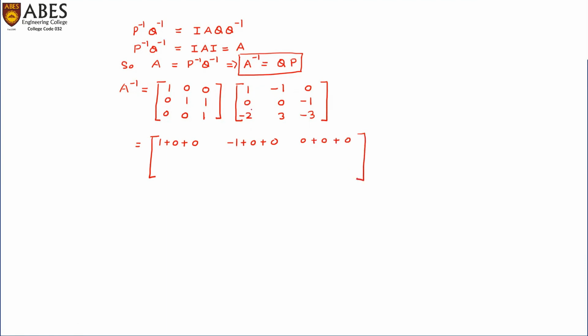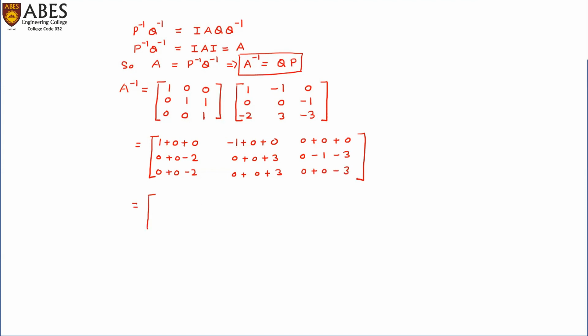Again, this row multiplied by this column: 0 times 0 minus 2, then 0 plus 0 plus 3. Multiply by this column: 0 minus 1 and minus 3. This row multiplied by this: 0 plus 0 minus 2. Then 0 times 0 plus 3, and 0 plus 0 and minus 3.